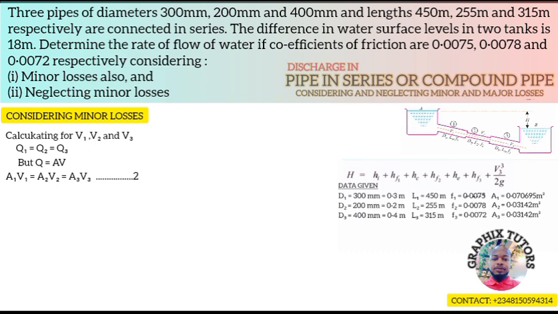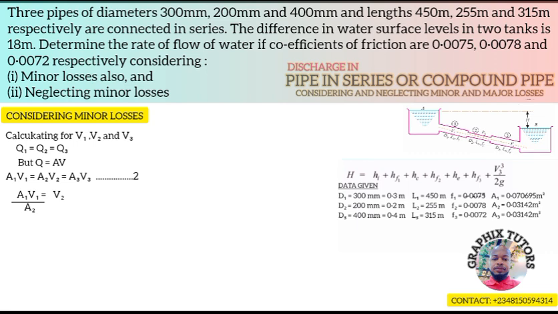Now from here, we want everything to be in terms of velocity at pipe 1. So we'll say A1 V1 is equal to A2 V2. We'll take this first one. If you make V2 the subject of the formula, it's the area in pipe 1 times the velocity in pipe 1, all divided by the area in pipe 2.